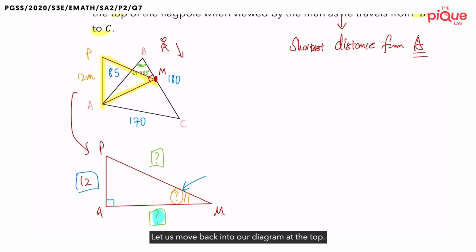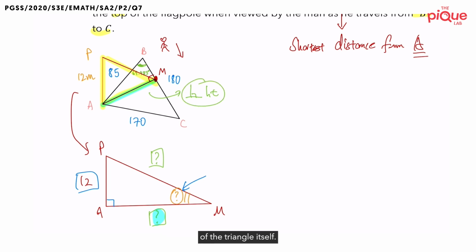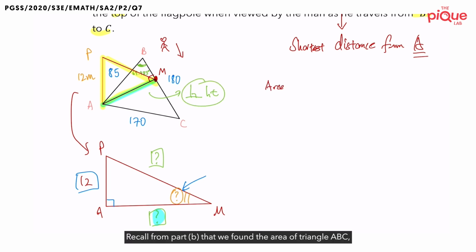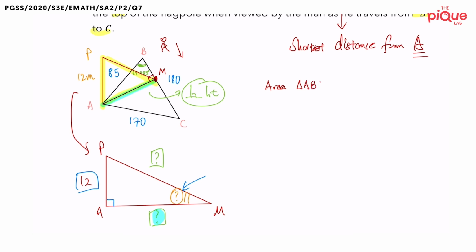Let us move back into our diagram at the top. What can we infer about AM with respect to the triangle ABC? It is actually the perpendicular height of the triangle itself. Recall from part B that we found the area of triangle ABC, which was 7164.747.